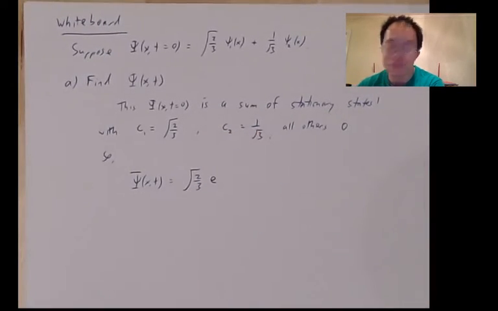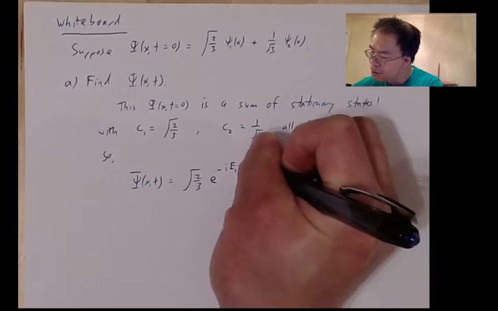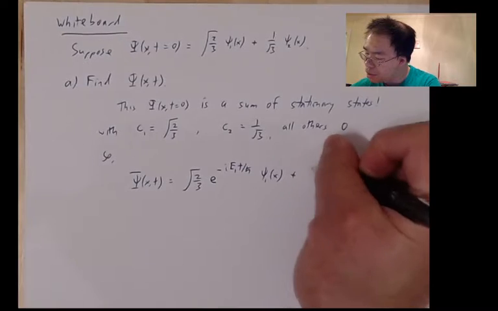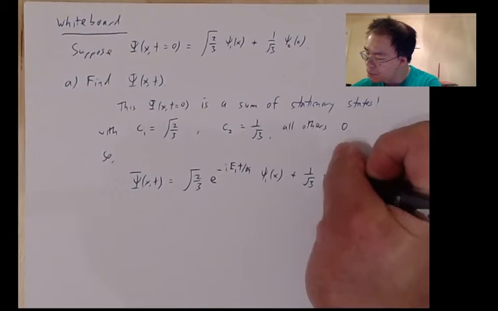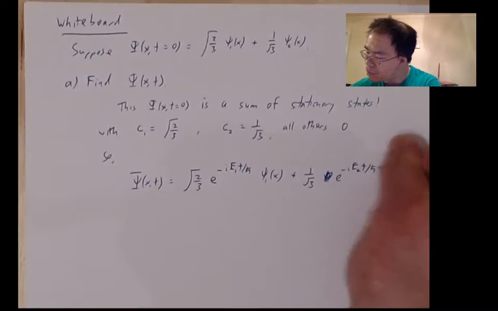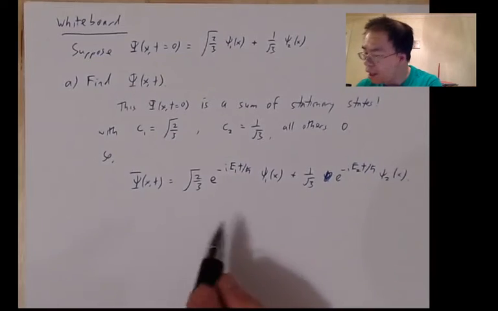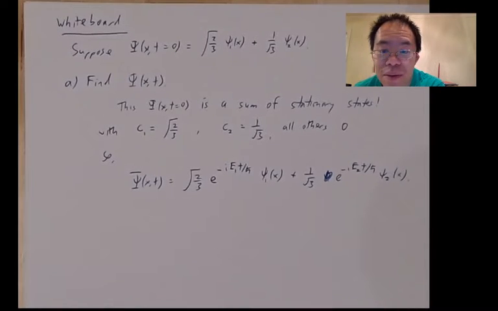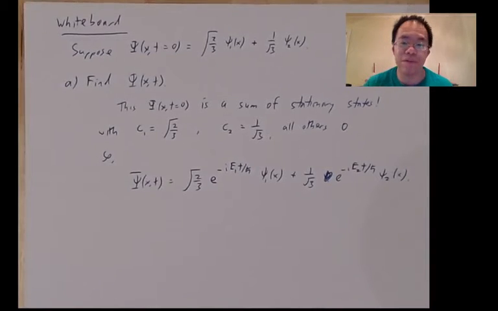Now our exponential factor is e to the minus i E1 t over h bar, psi 1 of x, plus 1 over root 3, whoops, I forgot my phase factor here, e to the minus i E2 t over h bar, psi 2 of x. And I could go and write down E1 and E2 in terms of fundamental quantities, but maybe I'll just leave it in this form for now.